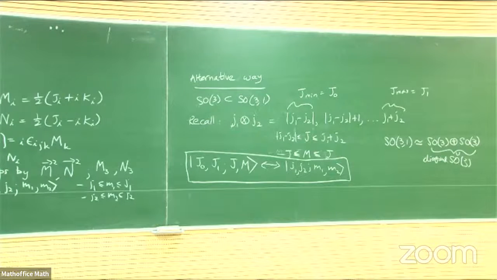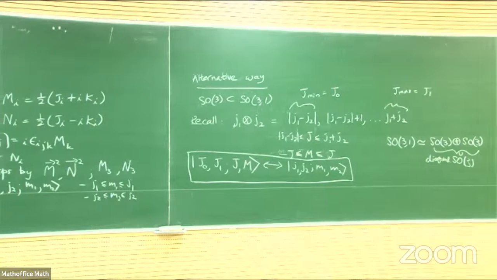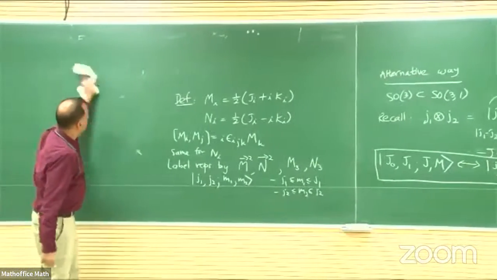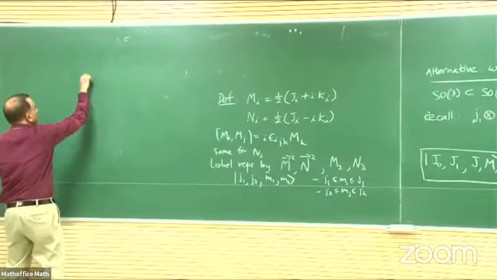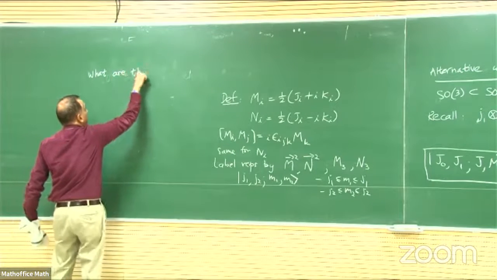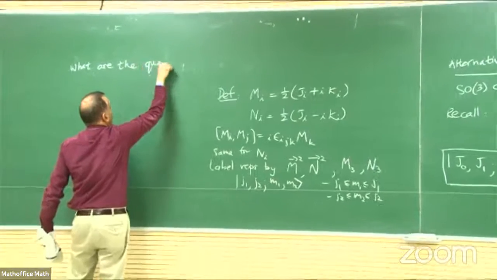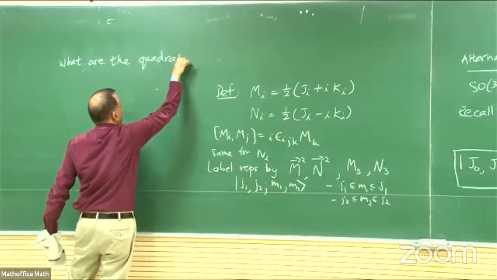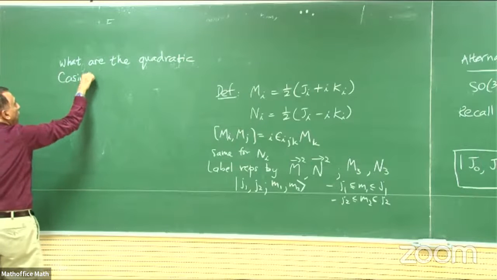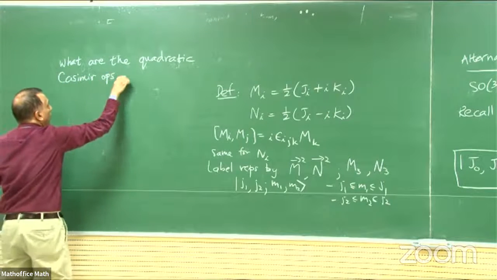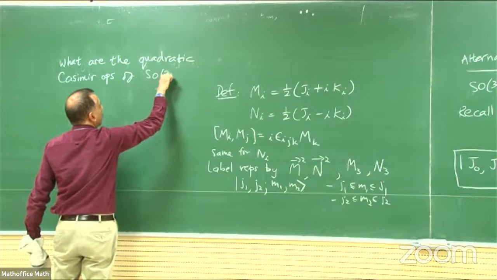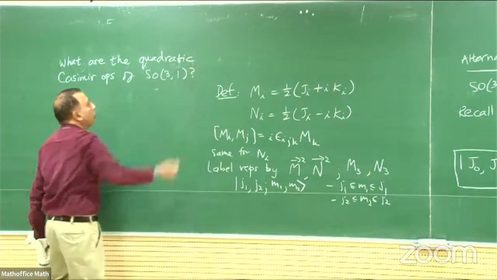Now one last thing which will be very useful is to ask, which I didn't do last time, what are the quadratic Casimirs of SO3,1?